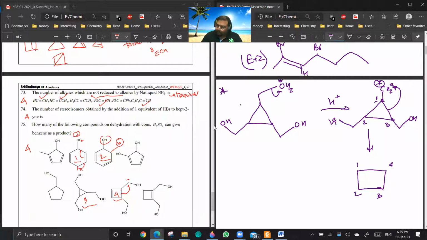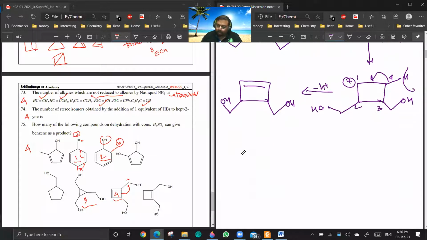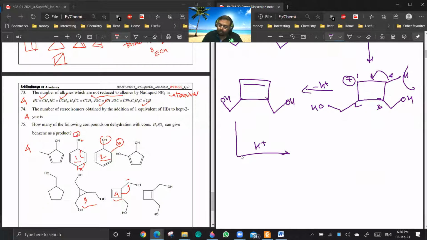Okay, so the plus charge will come on the first carbon. The third carbon is carrying the CH2OH. The second carbon is also containing CH2OH. And this is H plus. So it will lose an H plus and you'll be getting this. Are you getting the point? Yes, sir. After that, what will happen? Again, one of the OH will get protonated. Let us say this one. This will go out.